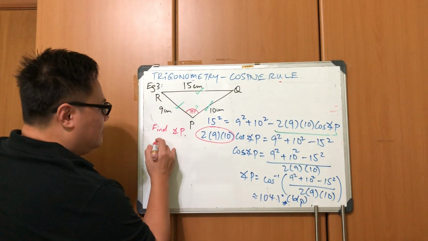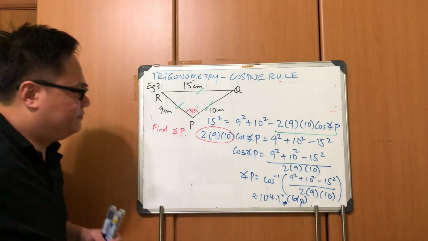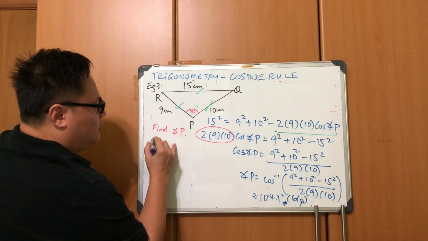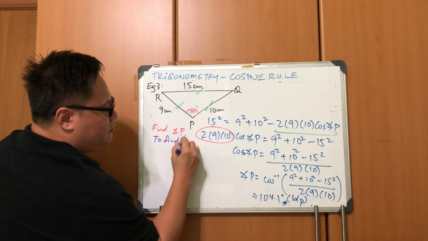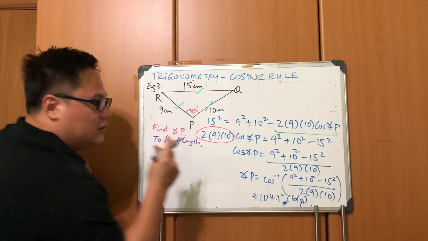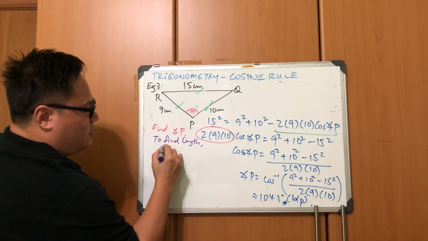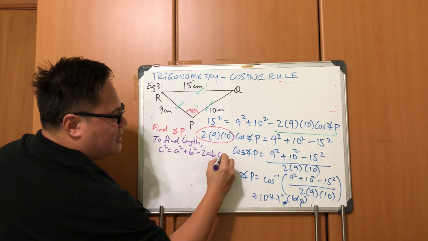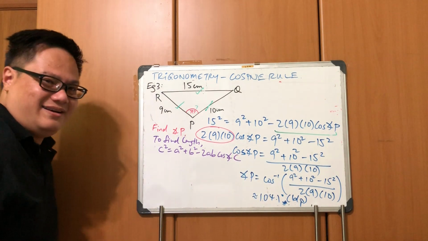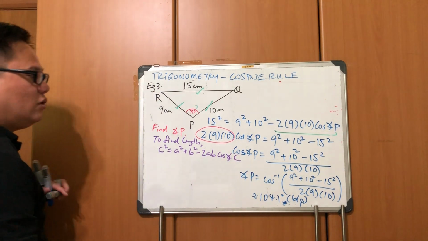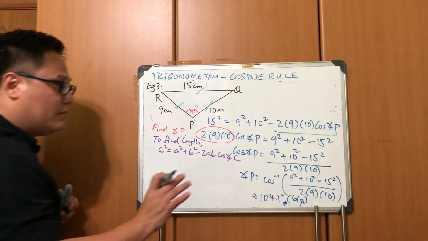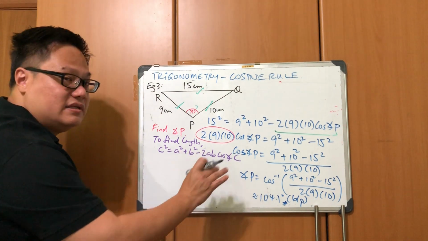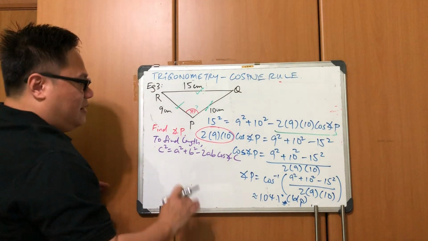To find length, the formula that I've introduced so far is c squared equals a squared plus b squared minus 2ab cosine angle C. Over here, I'm assuming everyone knows what is the a, the b, and the c. If I'm not sure, I will draw the triangle.